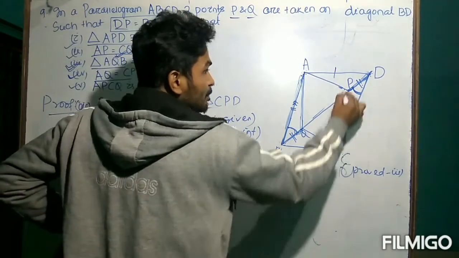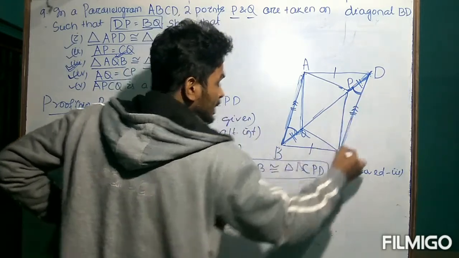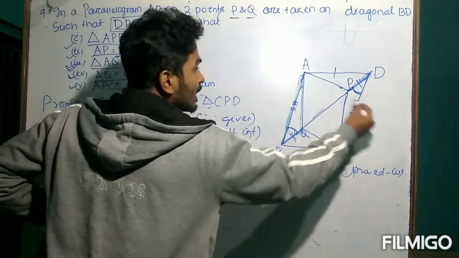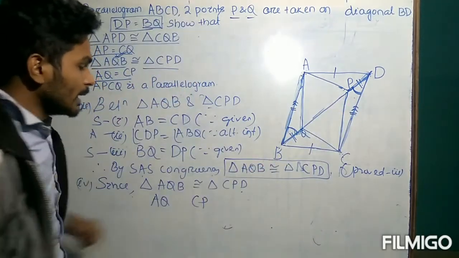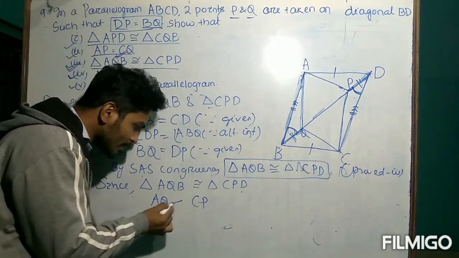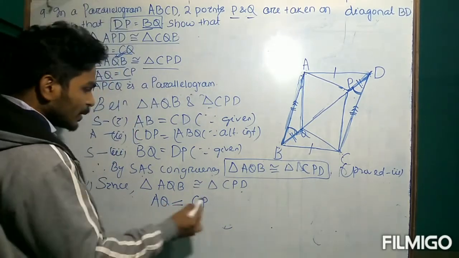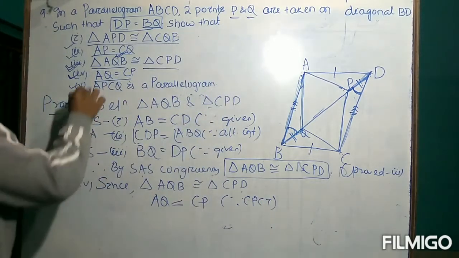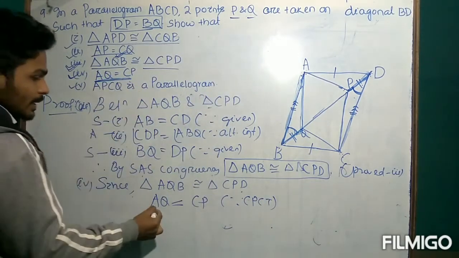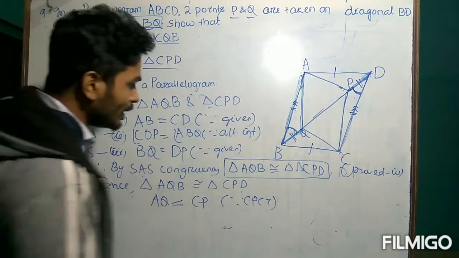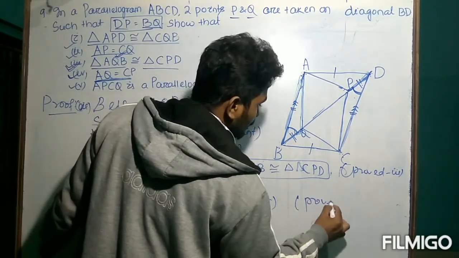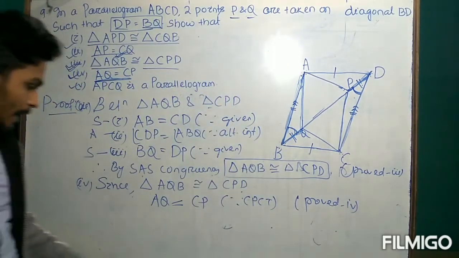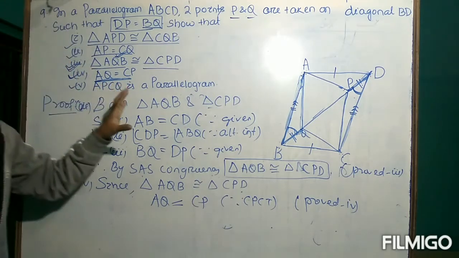For the triangle CPD, CP is a side. If any two triangles are congruent, then the corresponding sides must be equal. So AQ is equal to CP by CPCT. And this is the proof of the fourth statement that AQ is equal to CP. Statement number 4. Clear?